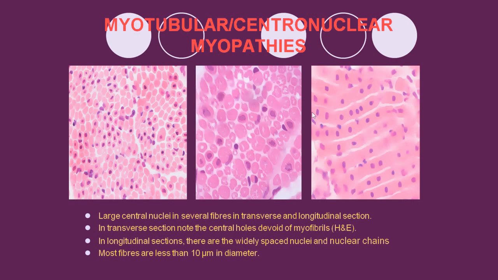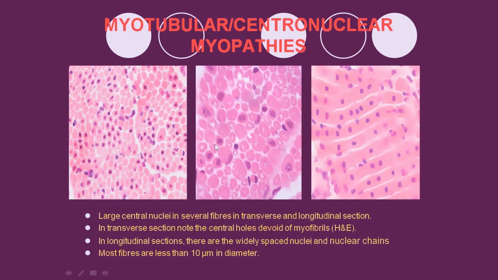Most fibers are less than 10 micron. We see here, these are atrophic fibers, less than 10 micron. Here, large central nuclei. Here also we see large central nuclei.